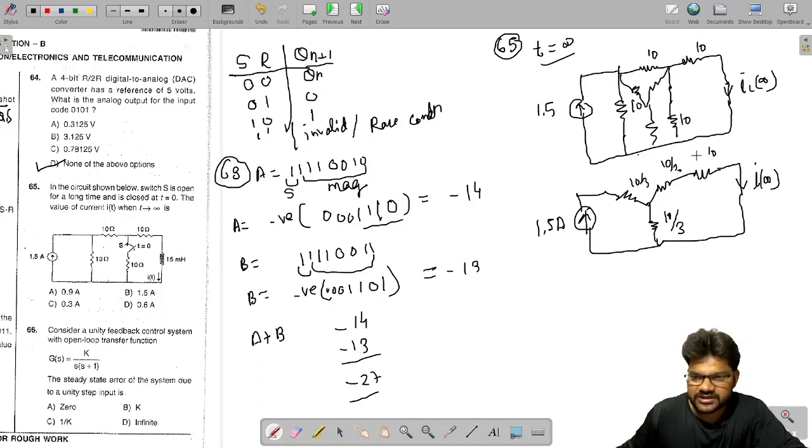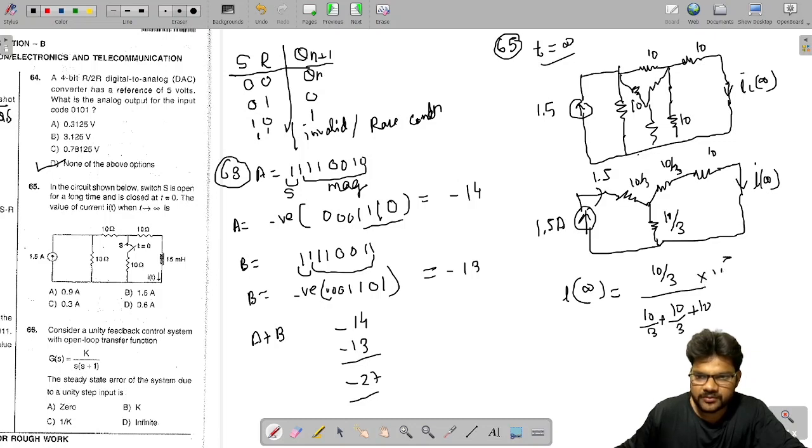So this 10 by 3 and this 10 by 3 and this 10 are in series, and the total current coming is 1.5 ampere, and we have to find this branch current. So let's apply the current division rule in parallel branches. This resistor 10 by 3 divided by total resistance, that is 10 by 3 plus 10 by 3 plus 10, into total current, that is 1.5 ampere.